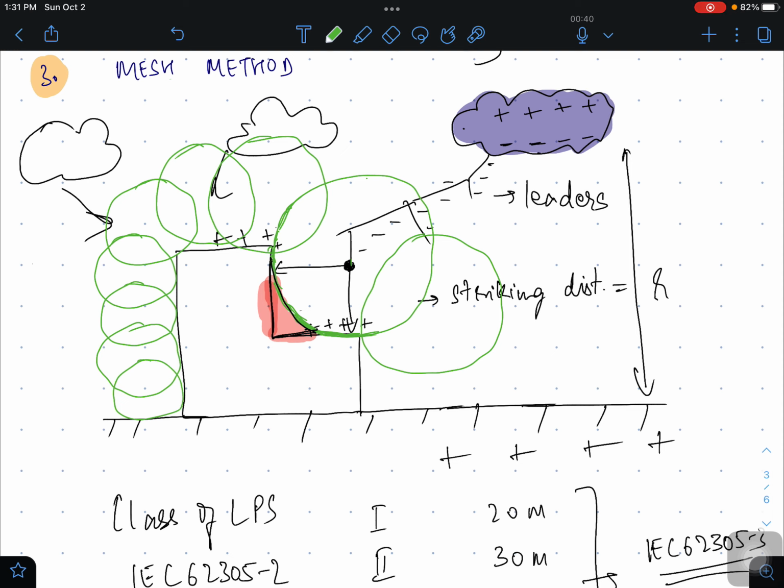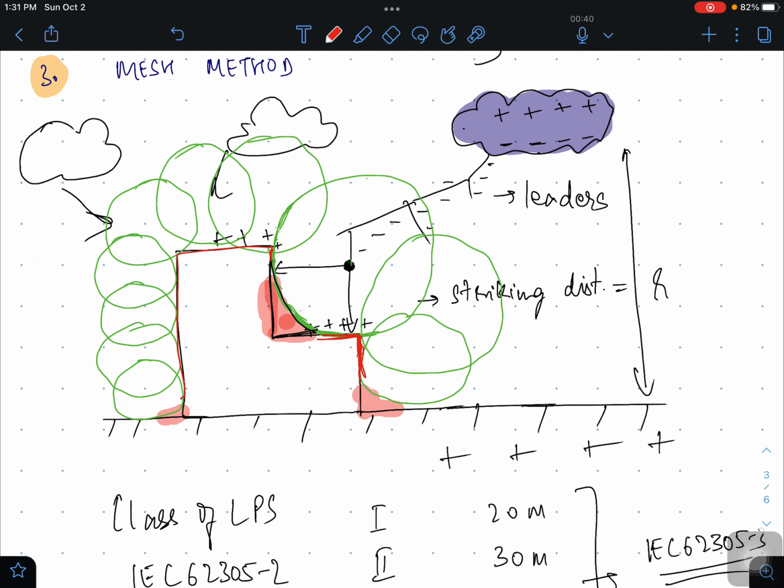So nearly all the points it is touching except for this red area here, and the last sphere it can be here. I have drawn the sphere of different radius, I am sorry for it, but just to make you understand, these areas are only protected, else all these points which I am now drawing in red are affected, and they have to be provided with the lightning protection or the air termination system in order to avoid any destruction of the structure.